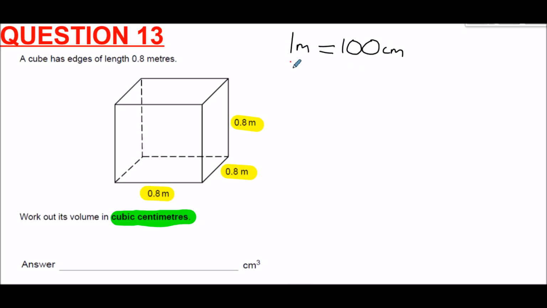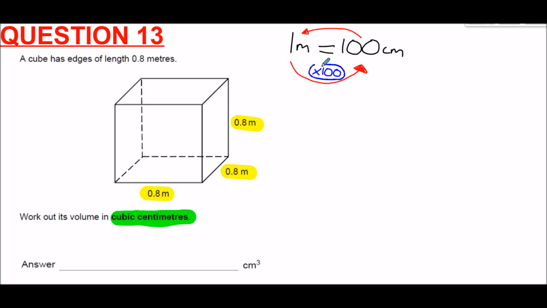So if we were changing from one to the other, we're either going to multiply or divide by the number that isn't the 1. In this case, the number that isn't the 1 is the 100. And so if we're changing from meters to centimeters, we're going from a small number to a bigger looking number. So that's timesing by 100.